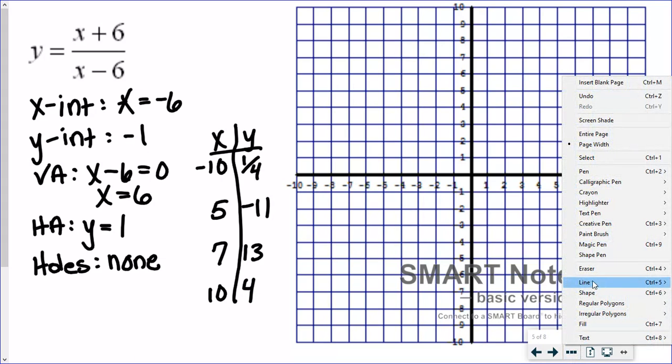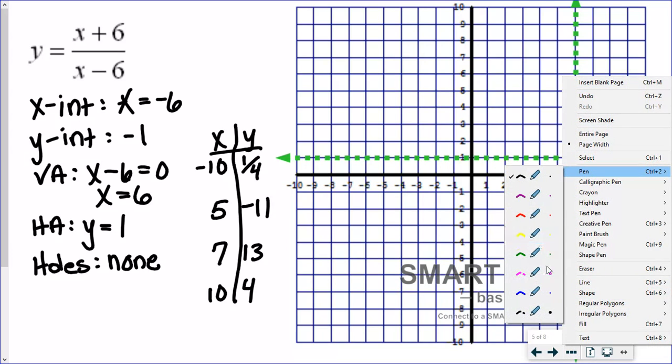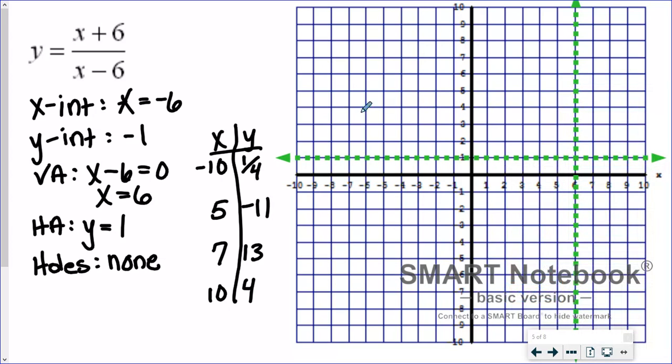All right, so again, we can put our asymptotes on here. So we have x equals 6 and y equals 1. All right, we have an x-intercept at -6, a y-intercept at -1.